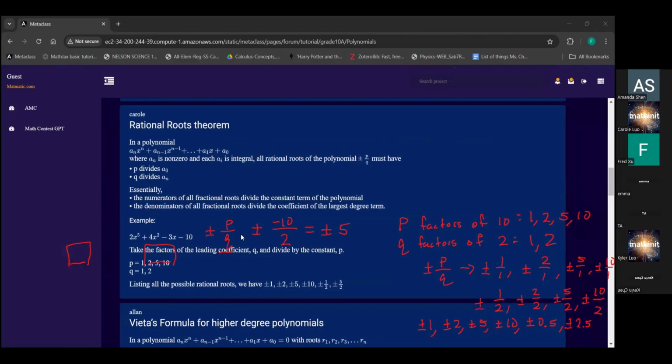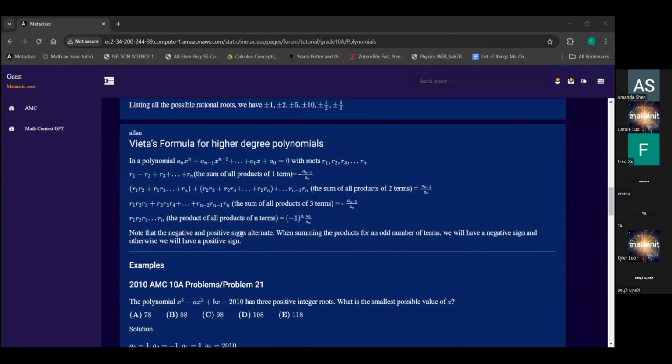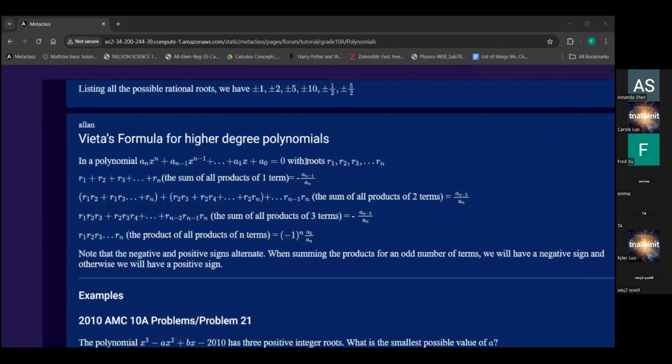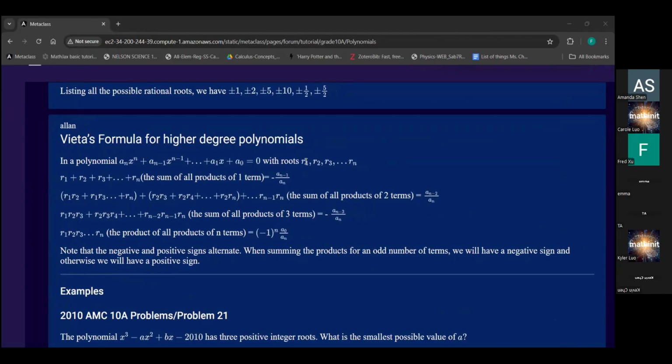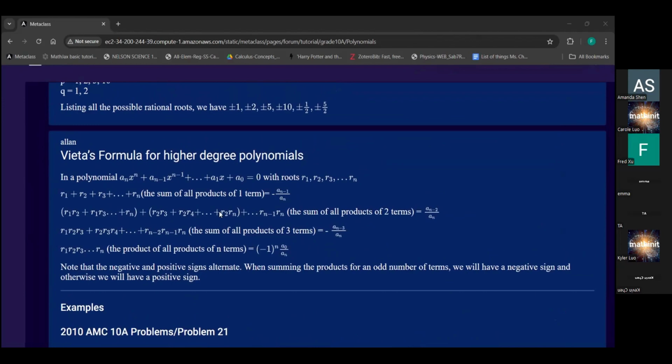move on. So now we have Vieta's formula for higher degree polynomials. And this is something to note here. This is for higher degree polynomials.